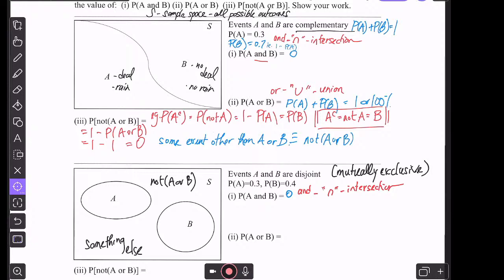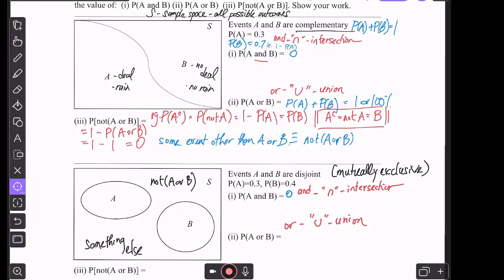What about or? Or means one or the other. So either if I'm here or here, what's the chance of being here or here? The chance of being an A is 30% and B is 40%.